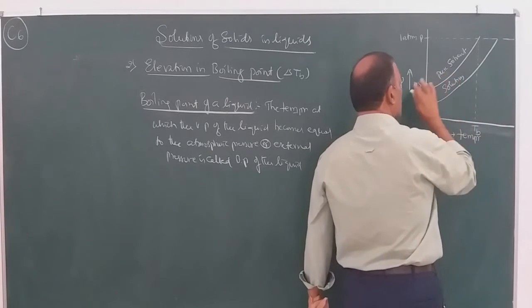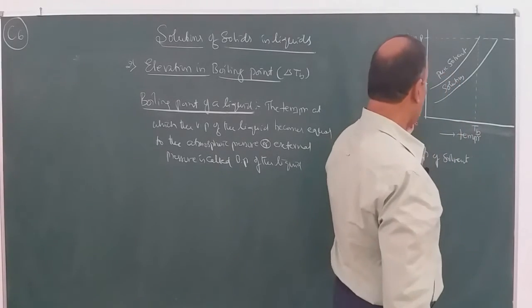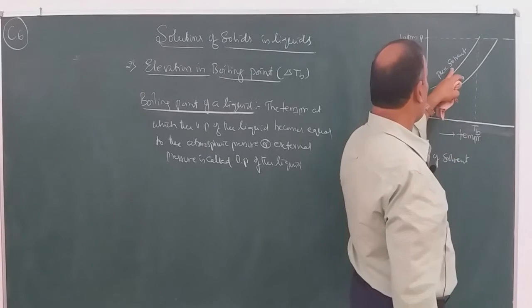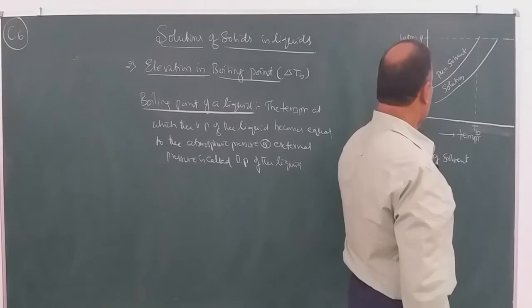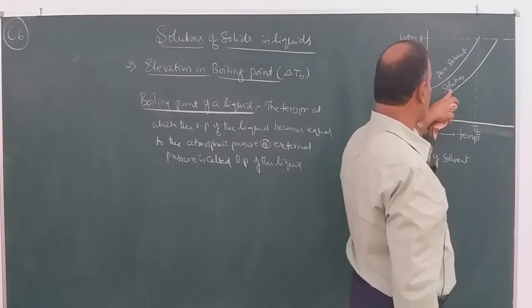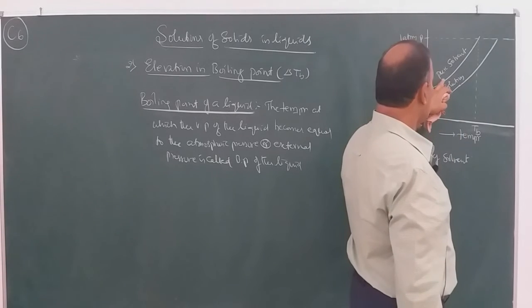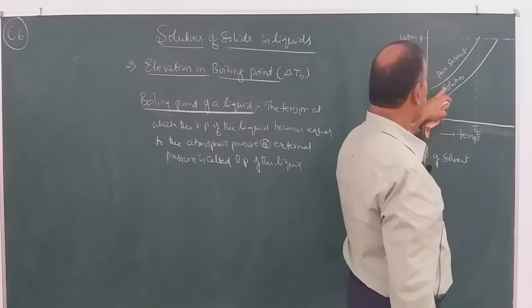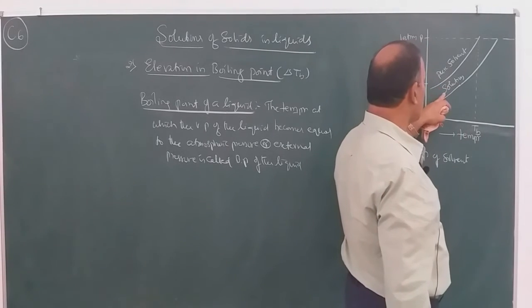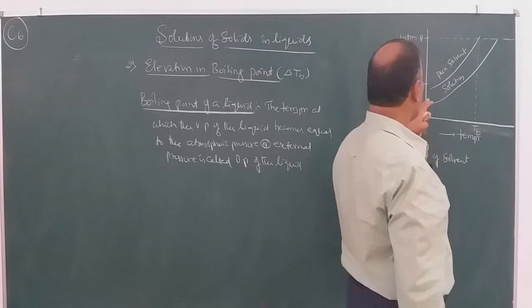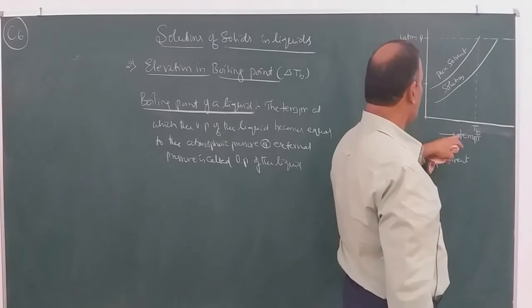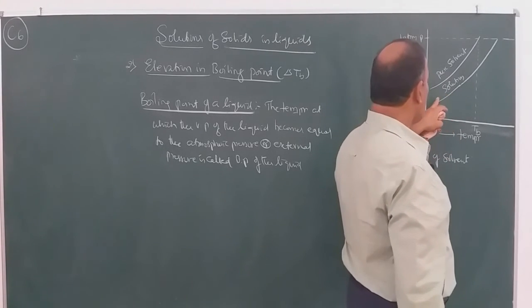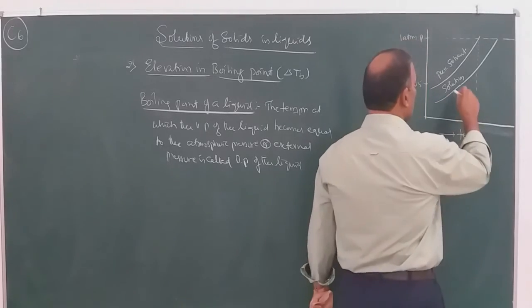So this is vapor pressure temperature curve for pure solvent. This is vapor pressure temperature curve for solution. The curve for solution is less than the curve for pure solvent because addition of solute to solvent decreases its vapor pressure. So for a solution, if you go on increasing the temperature, its vapor pressure also goes on increasing.